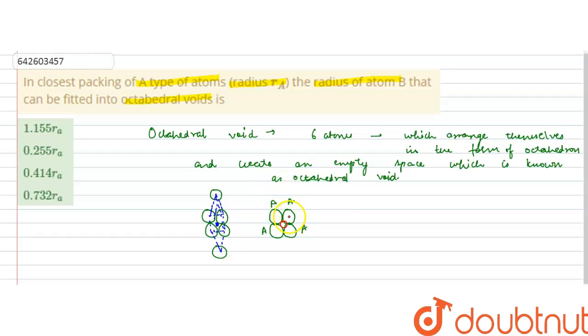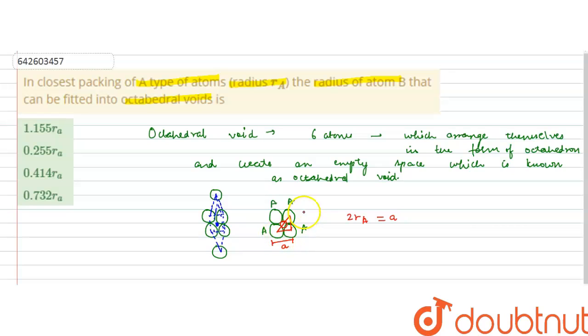So we can say, now this will be equals to the edge length A and this will be equals to the radius of the atom A and radius of the atom A. So that will be equals to 2 Ra is equals to A, because this is the radius of atom A and this is also the radius of atom A.